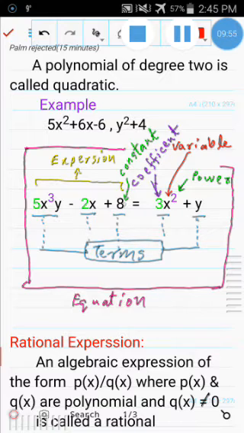In 5x to the power 3y, 5 is the coefficient. x is a variable, y is also a variable, and 3 is the degree or the exponent or the index of the variable, and the term 8 is a constant. In this case 3 is the coefficient, x is a variable, 2 is the power or the index or the degree.